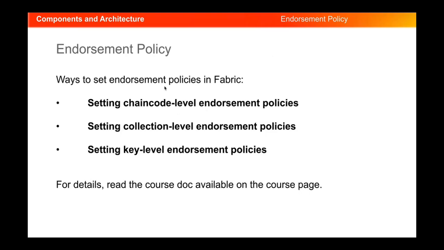The ways to set endorsement policies in Fabric are setting chaincode level endorsement, and you can also set collection level endorsement policies, and you can set key level endorsement policies. This itself is a topic, so you can read more about this on the course doc, which is available on the course page, to get to know more details about endorsement policy.